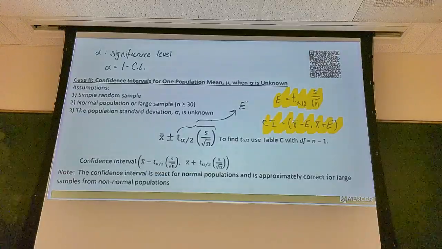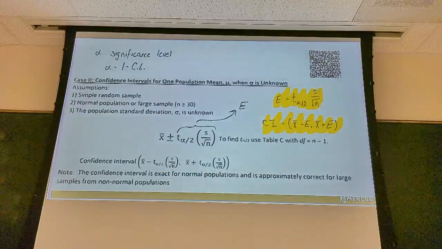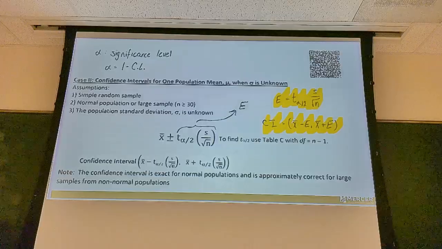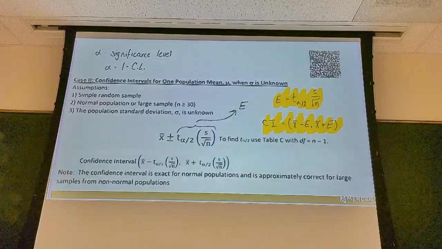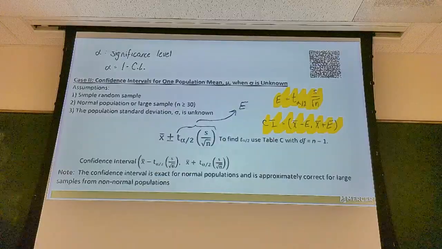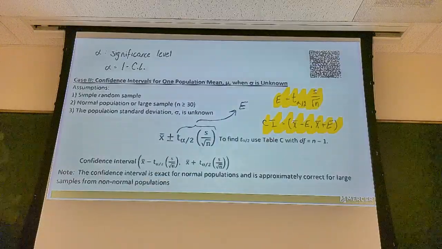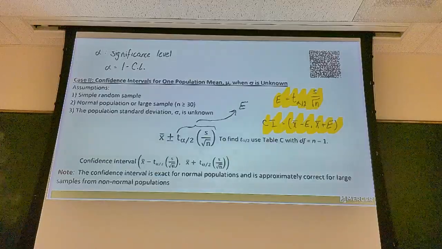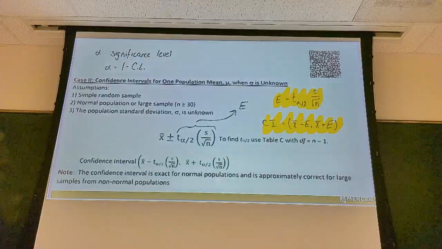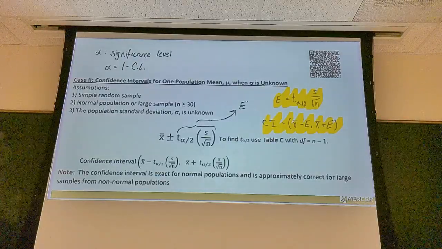But also remember, you use a t-score when you're finding a confidence interval for a mean with unknown population standard deviation. You use the z-score if your population standard deviation is known.